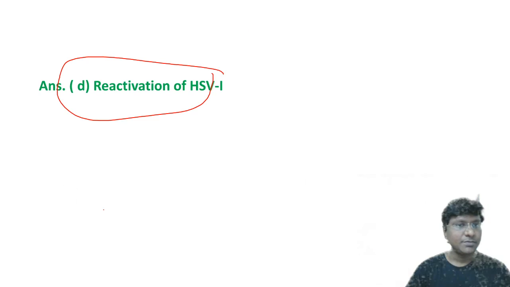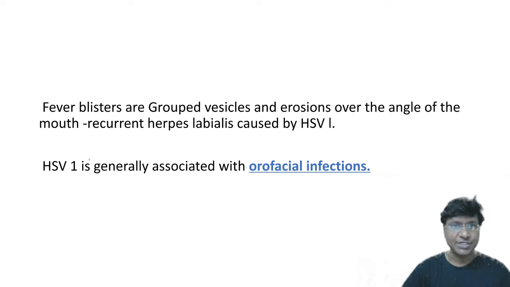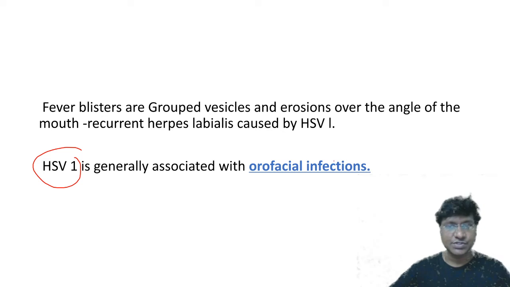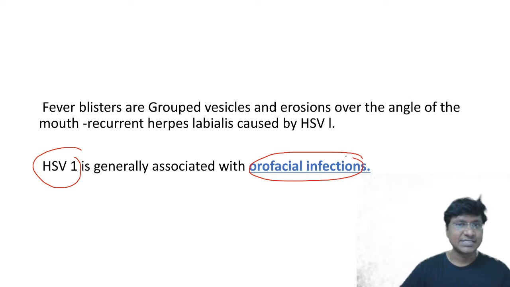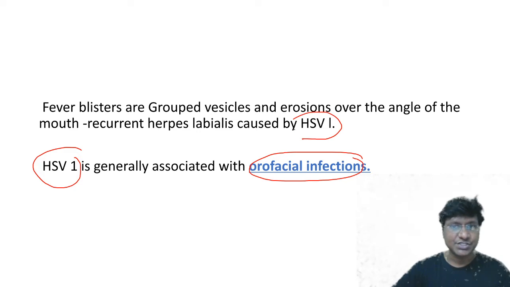Followed by that, you take your HSV2. HSV1 is the one associated with orofacial infections, but the blisters occur at the angle of mouth only whenever there is reactivation of HSV1. Now I'll ask you one important point about HSV2.